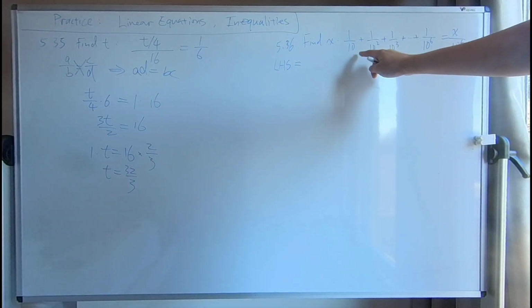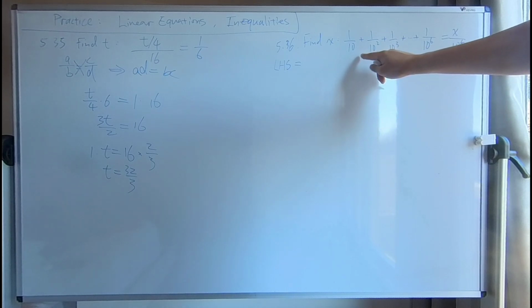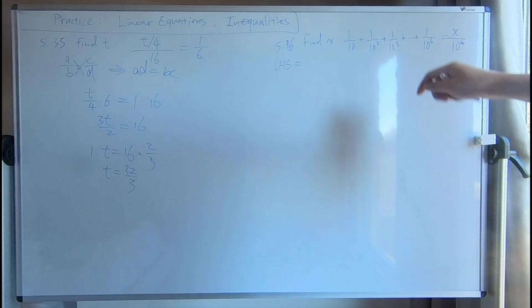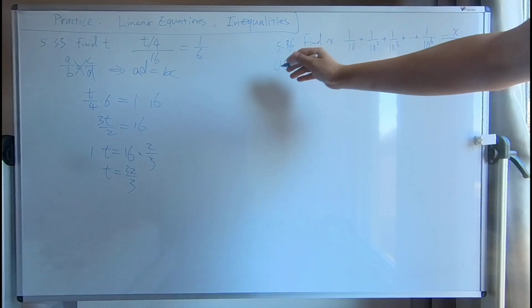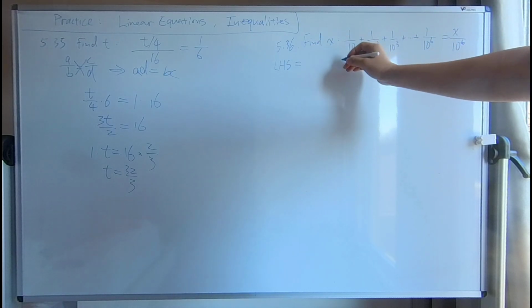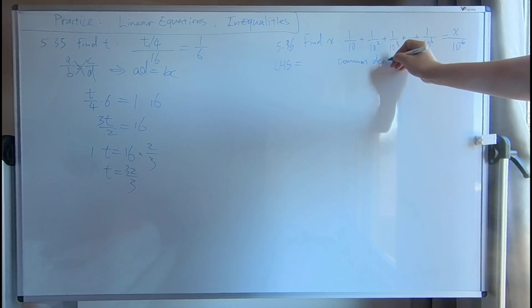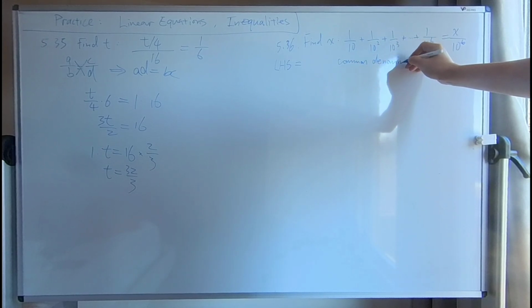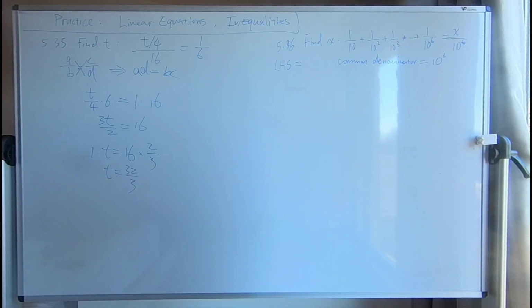Simplifying the left-hand side is an addition of fractions with different denominators, but there is a common thing for all the denominators: they're all multiples of 10, so I can find a common denominator. The common denominator should be 10 to the 6th power.